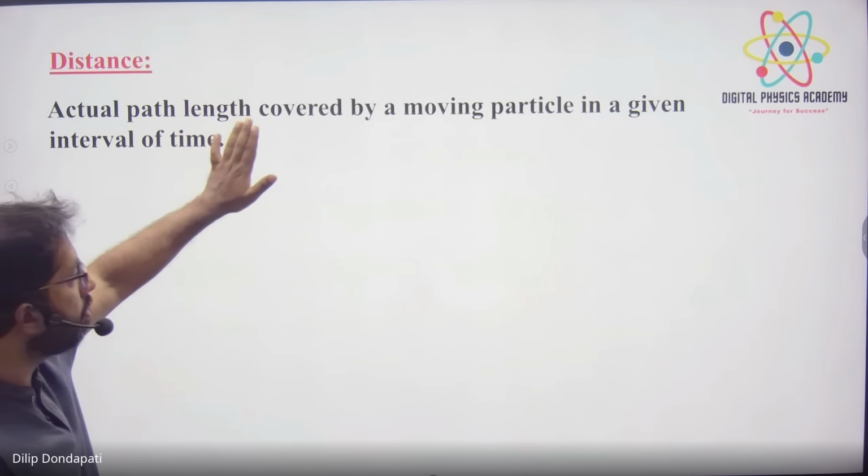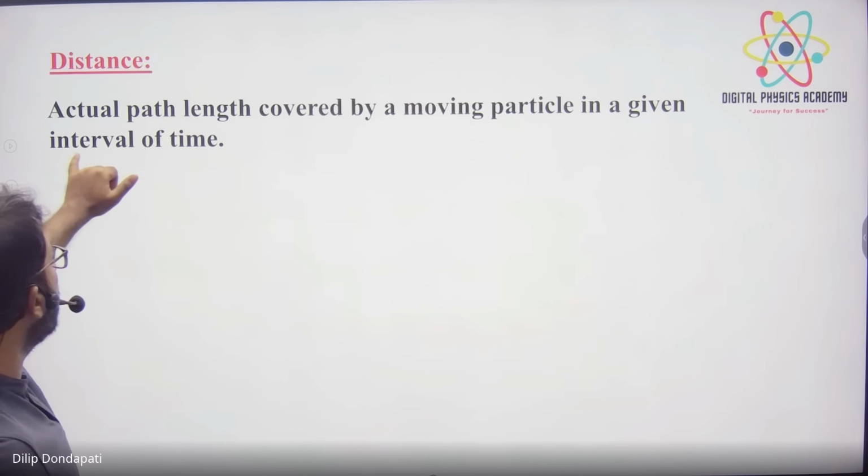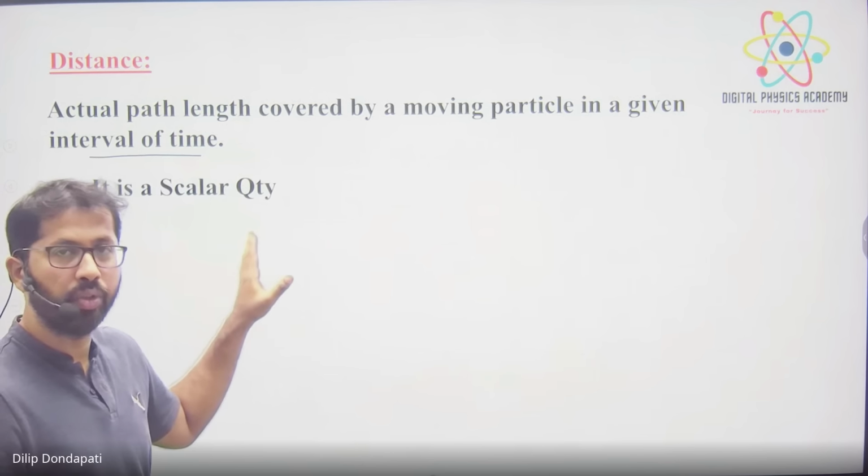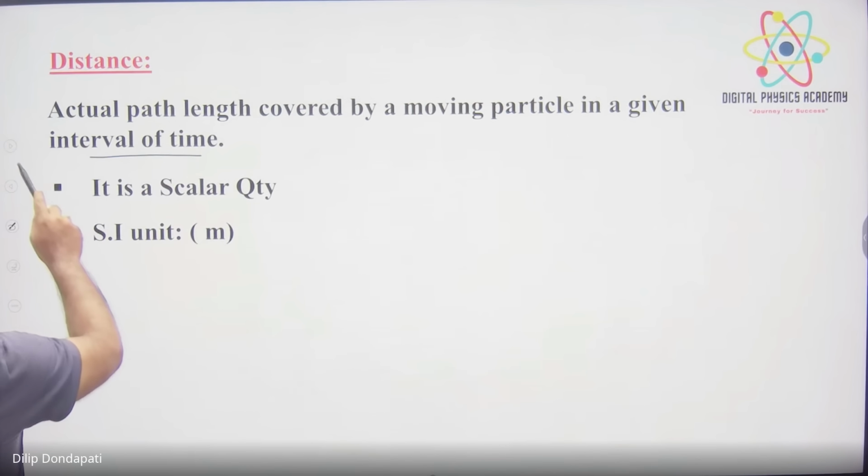The actual path length covered by a moving particle in a given interval of time is called distance. What is the SI unit? Meters. Is it a scalar quantity? It has no direction, it has magnitude only. Very good. So write down, the SI unit is meters.